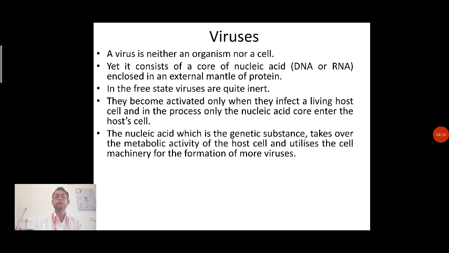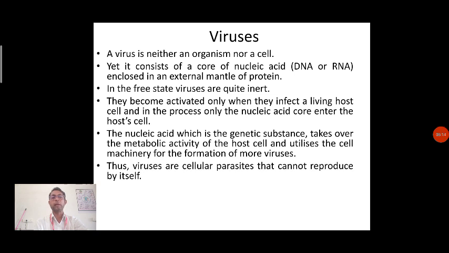So in a simple way we can say that viruses don't have particular functional structures. They will utilize the host parameters and they will become active, and they utilize the different parameters of the host cell. Thus, viruses are cellular parasites that cannot reproduce by themselves. So they require a particular type of reproductive material for their production.